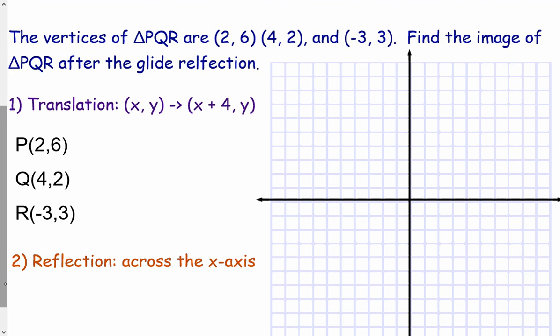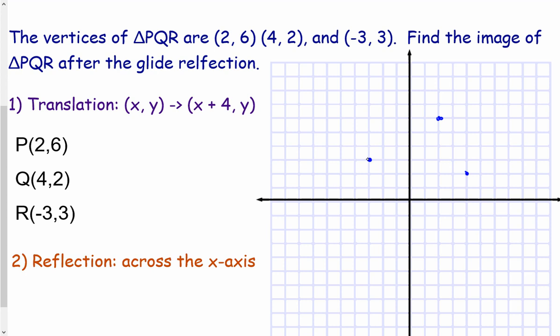But starting off here, we've got the vertices of triangle PQR are 2, 6, 4, 2, and negative 3, 3. So we graph those points quick. And this says the translation is going to be 4 to the right. Okay, so if I've got my points right here, just check it one more time.